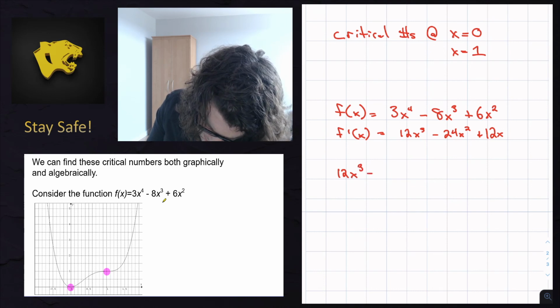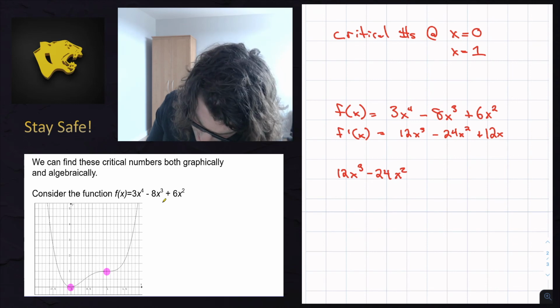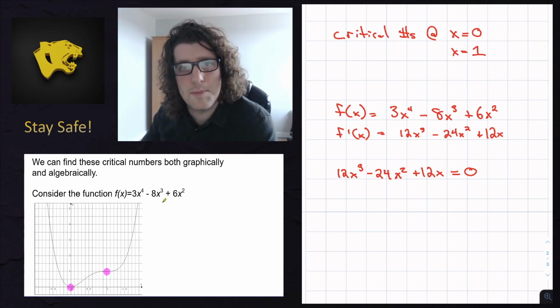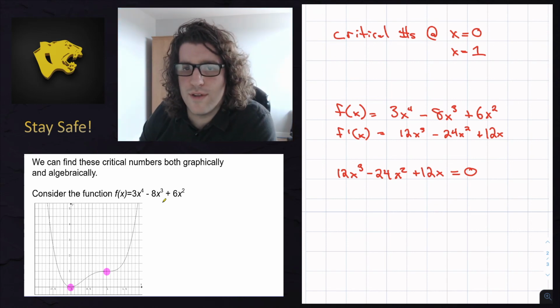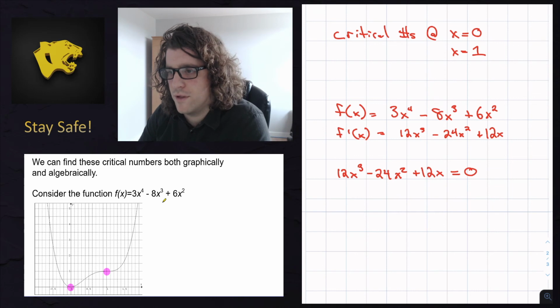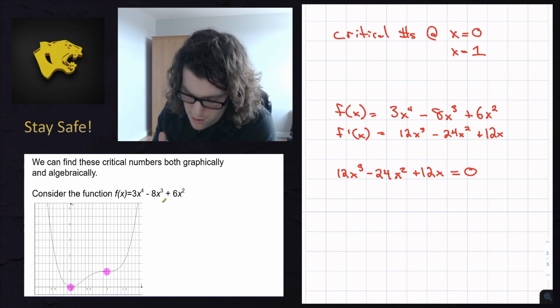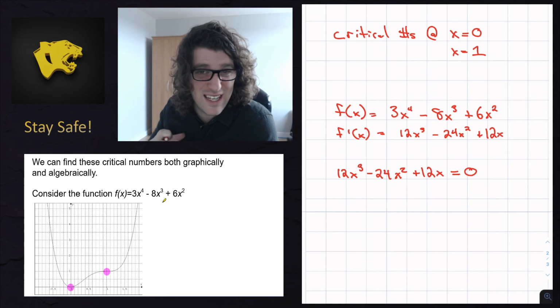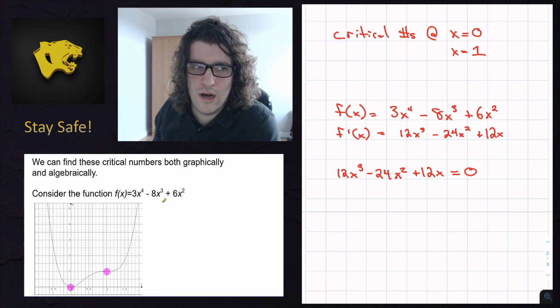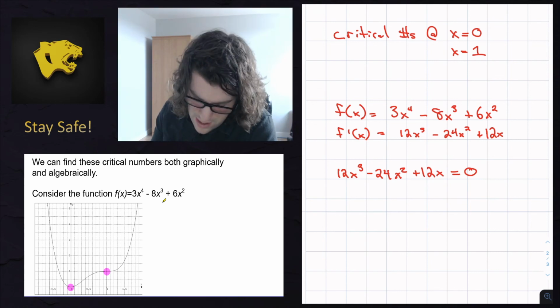So instead, we're going to set it equal to 0 and solve for when that might happen. Most of you are pretty good at this now, but it is important to make sure that we are not removing any solutions when we're solving. I don't like dividing the x out, because you're ignoring that x could be equal to 0, which in this case we know from the graph should be one of your options.